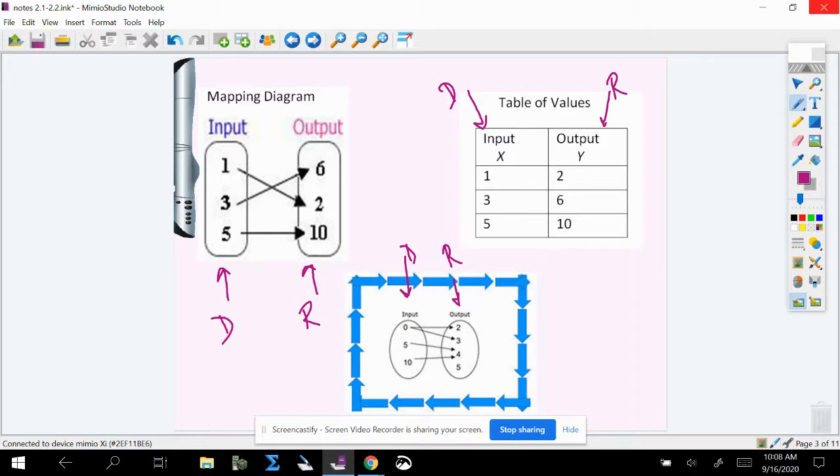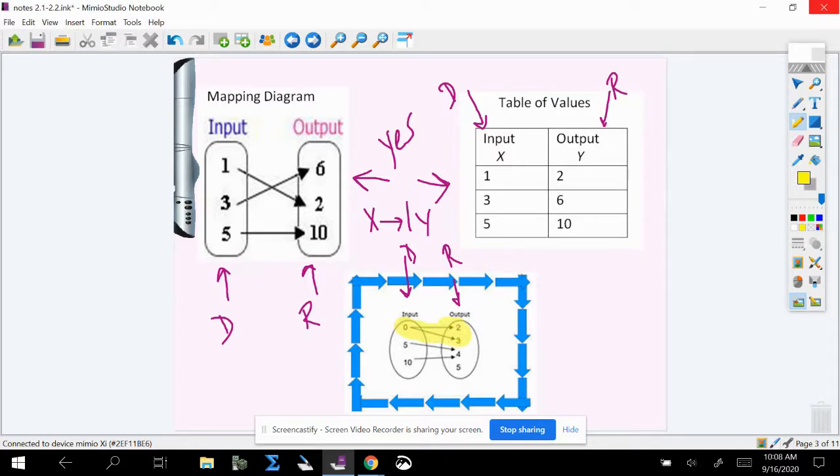If I wanted to check to see if it's a function, I am looking to see that everything in the input column has one partner or one data point in the output column. So these first two are a function because every x has one y that it goes with, or every input has one output. I wanted you to see an example of one that wasn't, so you know what you're looking for. The bottom example is not a function, and the reason is right here.